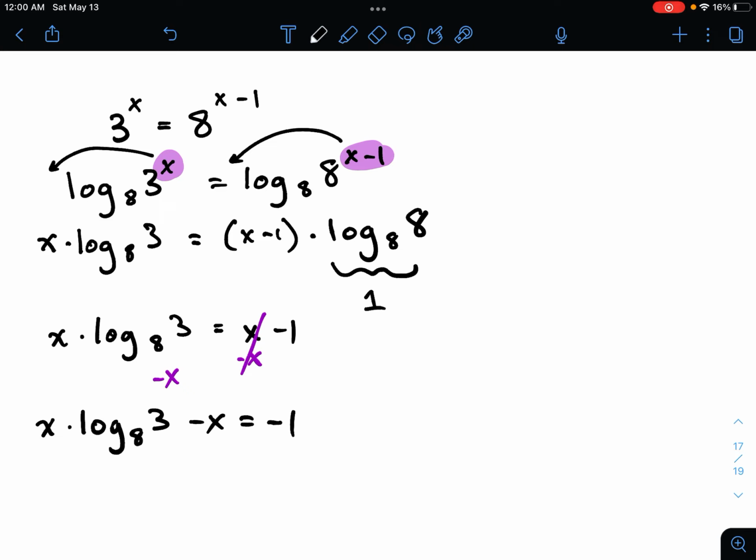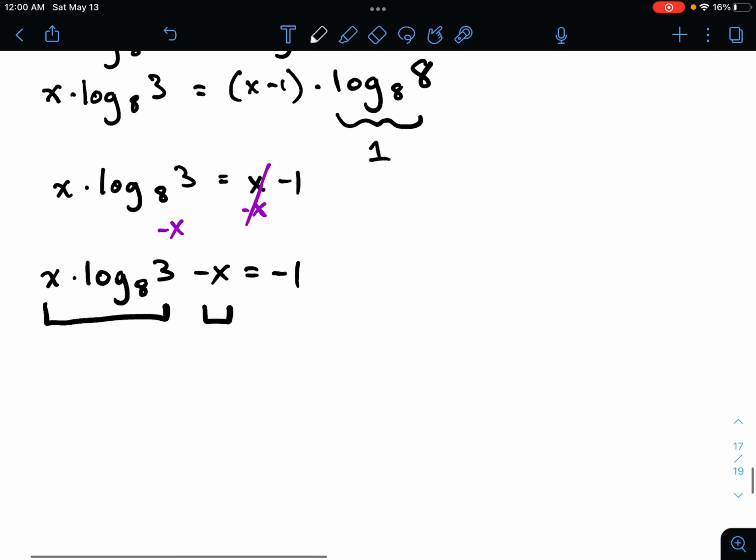So now I notice that I've got these two terms, right? I have x times log base 8 of 3, and I've got a minus x. So what I can do with these two terms is I look at these two terms and I notice, right, we've been factoring all year, so I should be able to see that I have a GCF, right, greatest common factor. And if I look at both of these terms, I see that they both have the letter x in common. So I'm going to factor out the GCF of x.